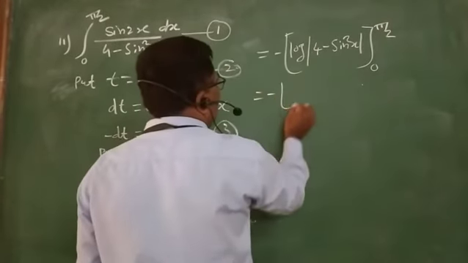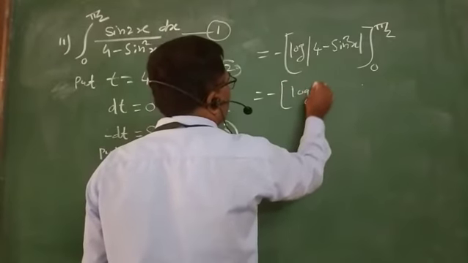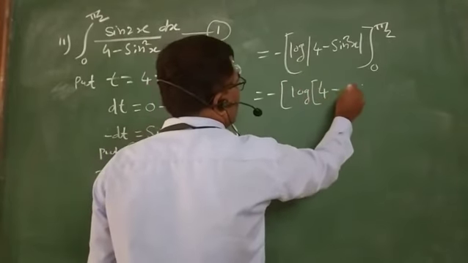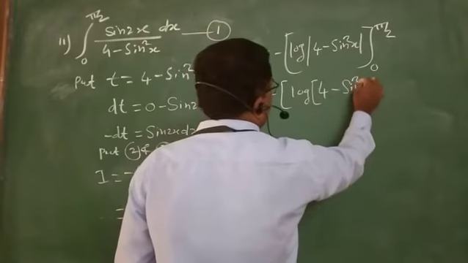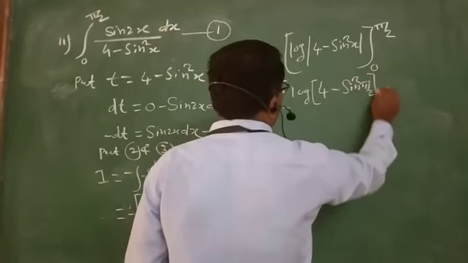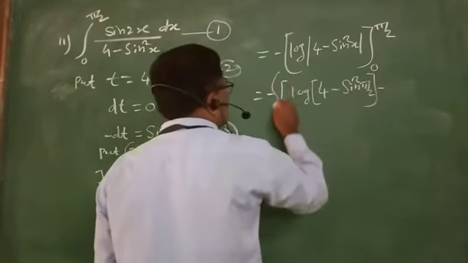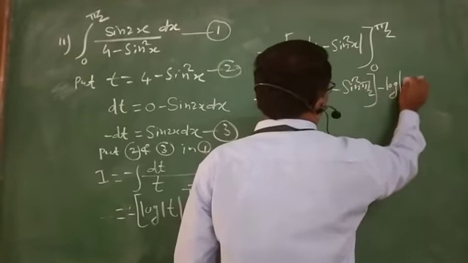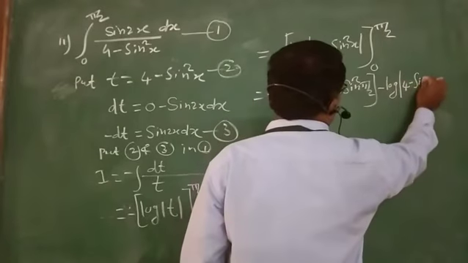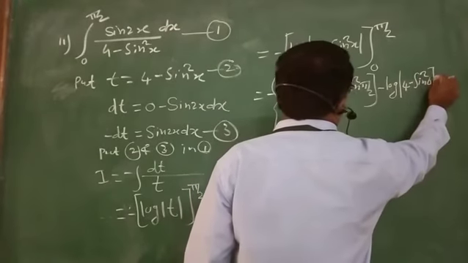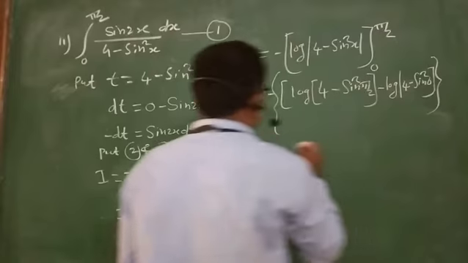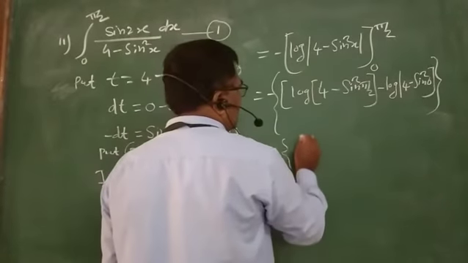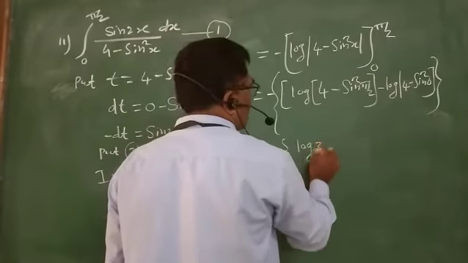That is equal to minus log 4 minus sine square 90 minus log 4 minus sine square 0. That is equal to minus log 3.